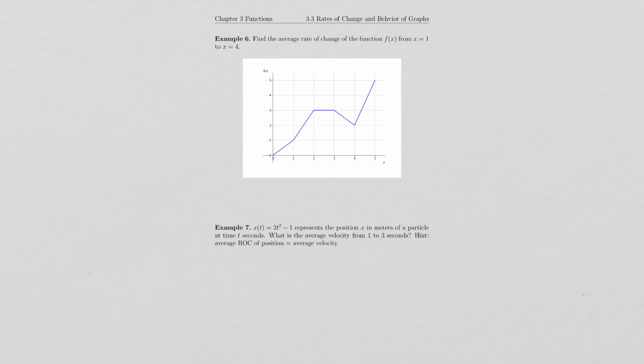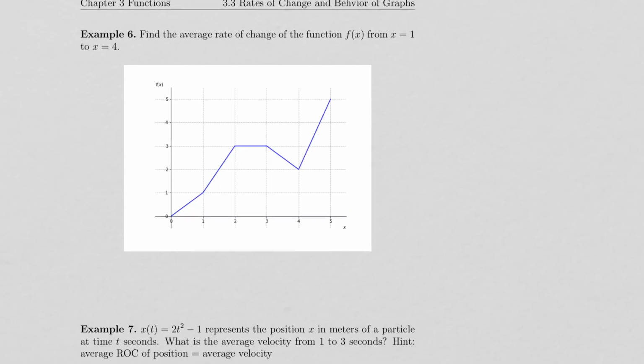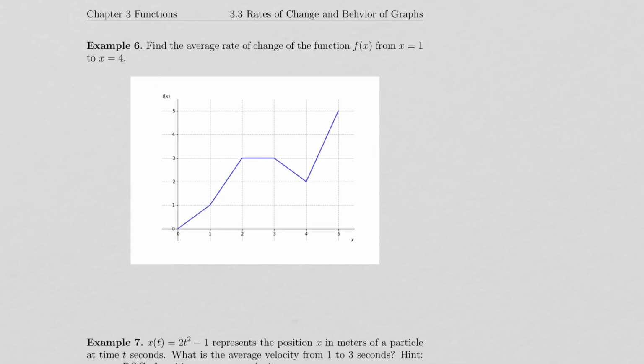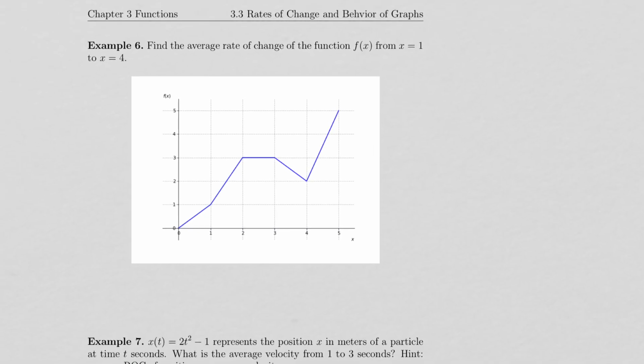Okay, a few more of these. Okay, so find the average rate of change of the function from x equals 1 to x equals 4. Okay, so basically, again, at x equals 1, what is the point here?